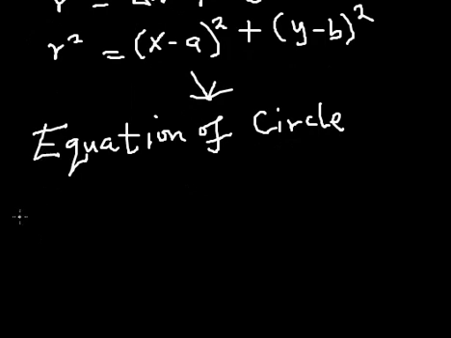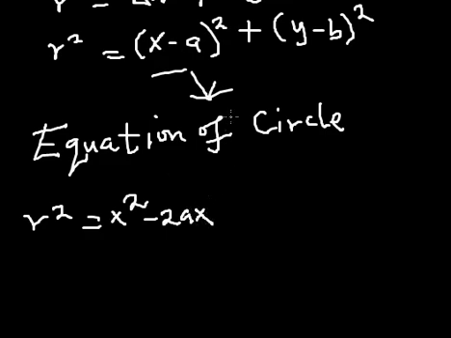So let's evaluate this. This is going to be r square. I want to expand this bracket. Of course, you know how we do that. That's x square, and I use 2 times x times minus a, that will give me minus 2ax. Then the minus a square, minus a square will give me a square.